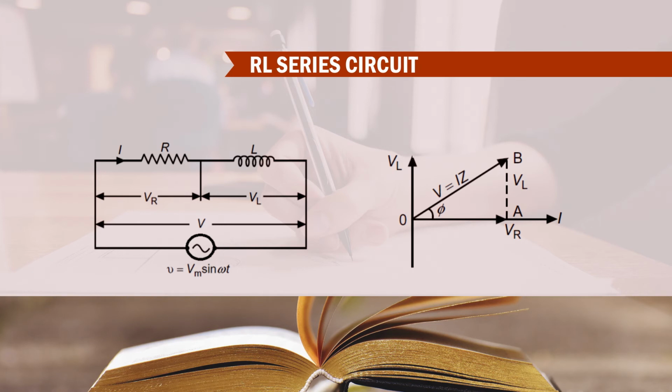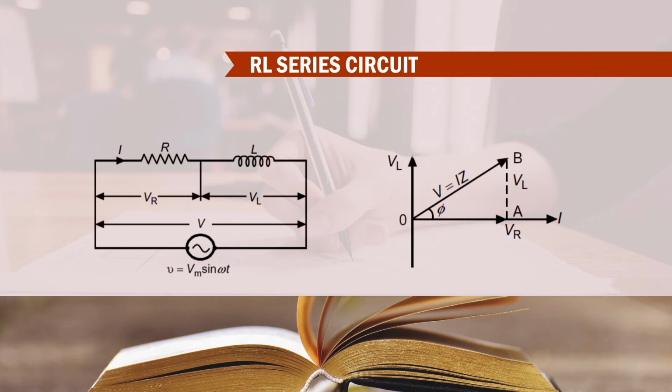You have already observed in a pure inductive circuit that current lags with respect to the voltage by 90 degrees, or in reverse, the voltage leads with respect to the current by 90 degrees. So here in the phasor you can see this VR voltage is in phase with the current I, and voltage VL is leading the current I by 90 degrees, which has been shown by VL, or AB.